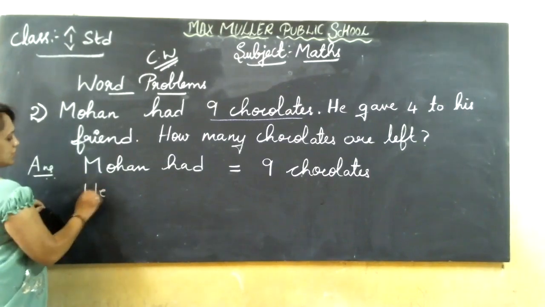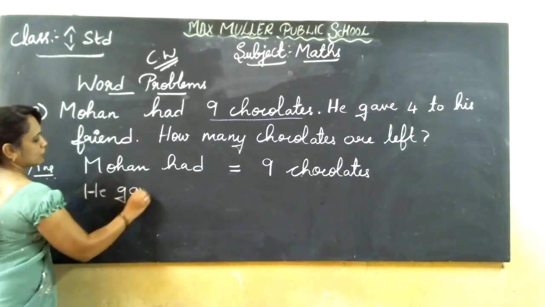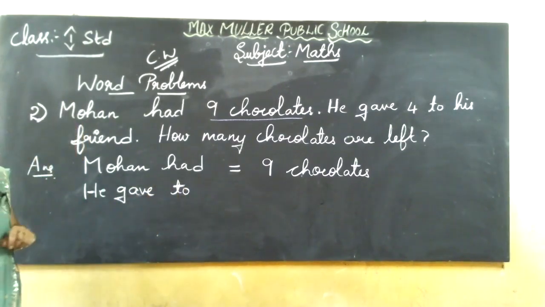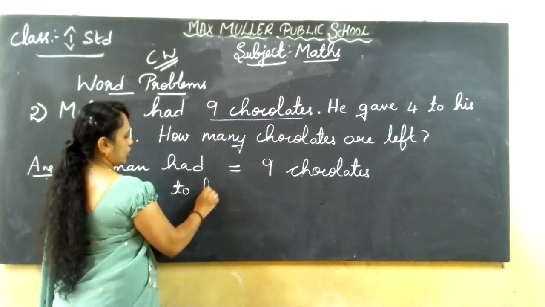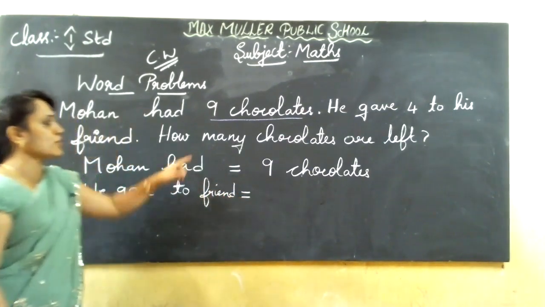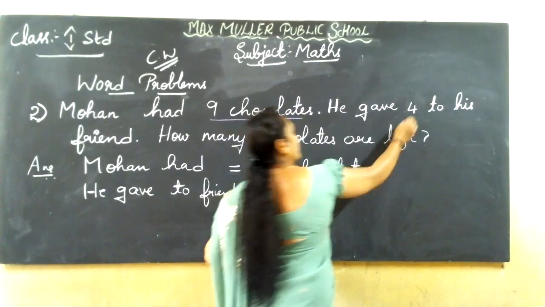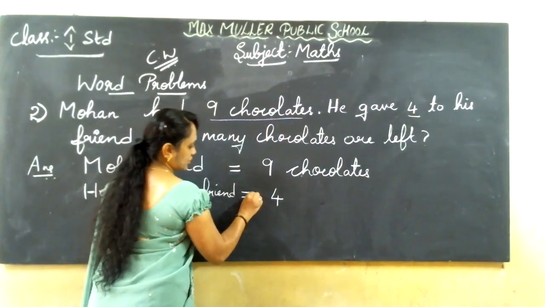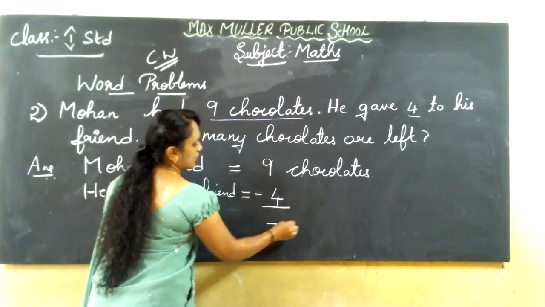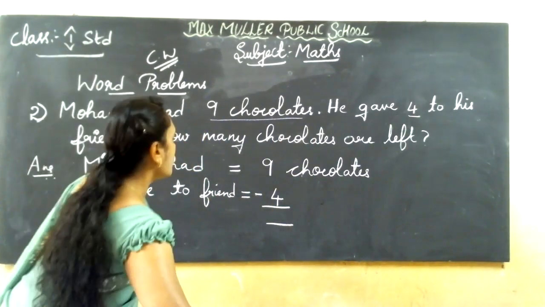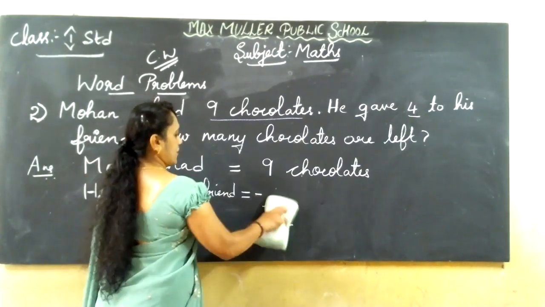He gave, G-A-V-E, to friend, F-R-I-E-N-D. How many will he give to his friend? 4. He will give 4 to his friend. Write 4 right here, and this is a subtraction sum, so put a minus symbol.